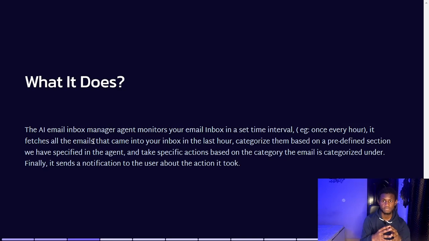So if we have specified it to categorize emails based on work, financials, promotionals, newsletters, and so on, it will categorize those emails it fetched that came in the last hour. And then based on the categorization of this email, it will take a specific action. Each category has a separate action that it's going to take. And then after it takes that action, it's going to send a notification to the end user, that's the owner of the email inbox.